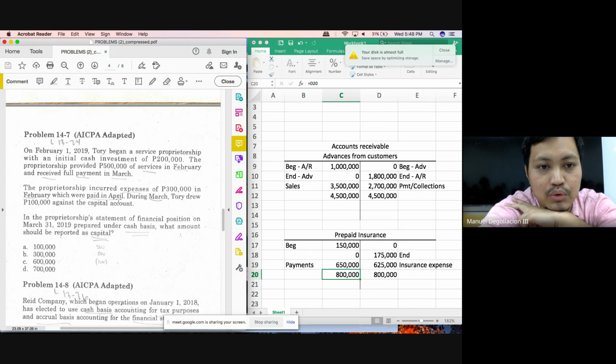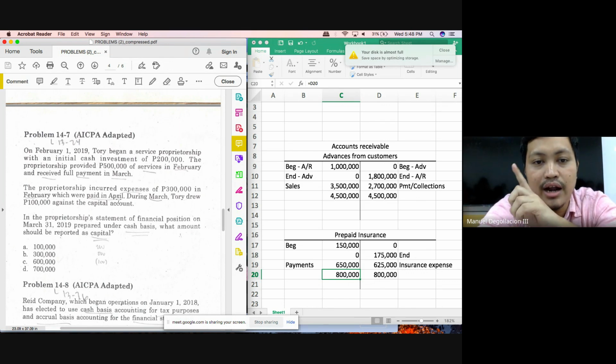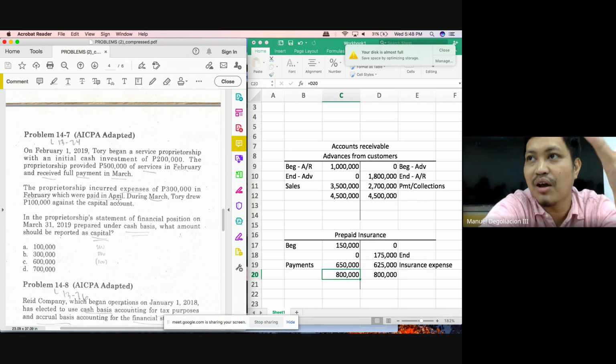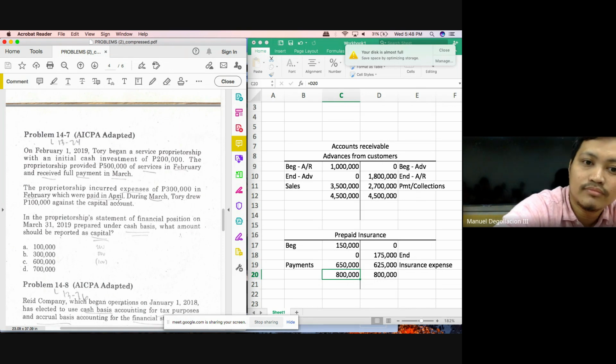Next, we incurred expenses. So under accrual, we will already have an expense in February. Do you follow, class? Okay, but was it already paid by March? When was it paid? And under cash basis, do we already have expenses? So our expenses would be 0. So revenues of 500 minus expenses of 0, our net income would be 500.